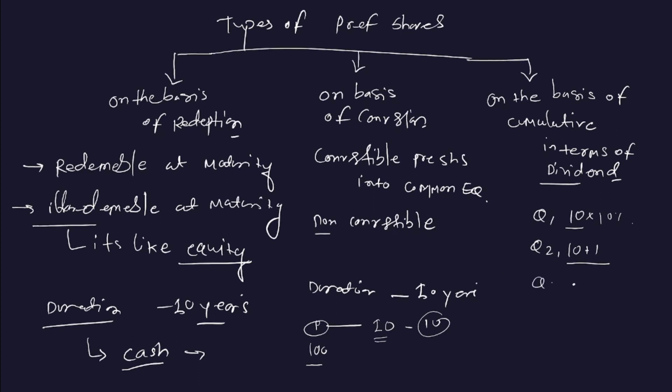Third quarter, again the value would be like 10 plus 1, which is 11. So on 11 you would expect 10%, plus 10 rupees, which goes around 11.11 something. Fourth quarter, again this value will increase.